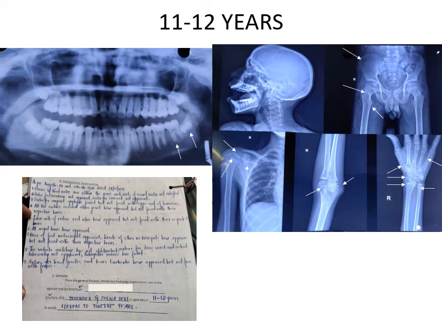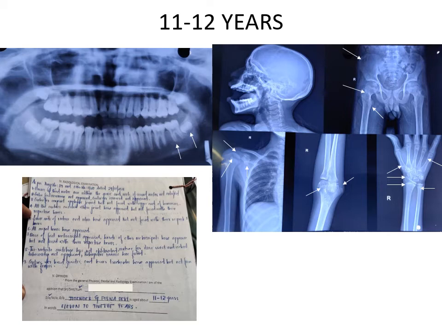The roots of the second molar are not calcified. Now coming to the shoulder, acromion has formed, appeared. Conjoint epiphysis formed but not fused, and coracoid is fusing, almost complete.